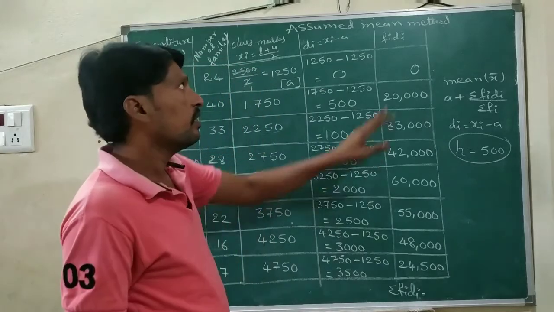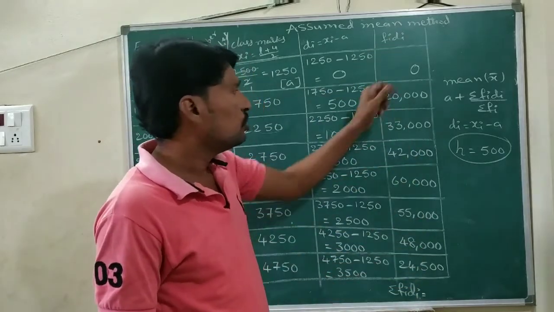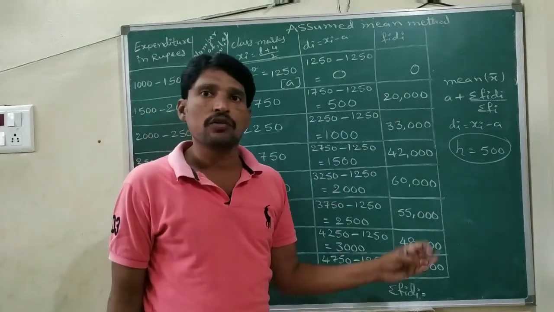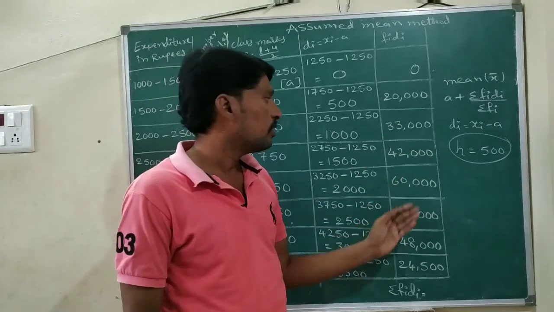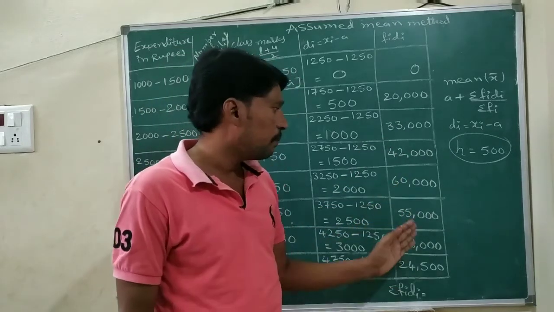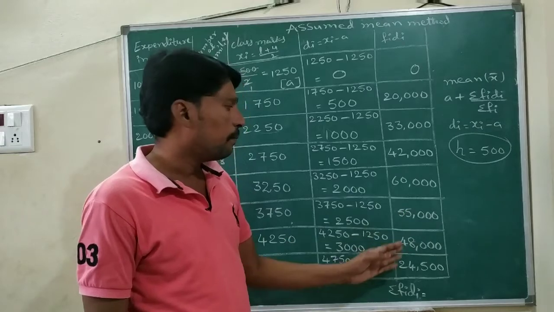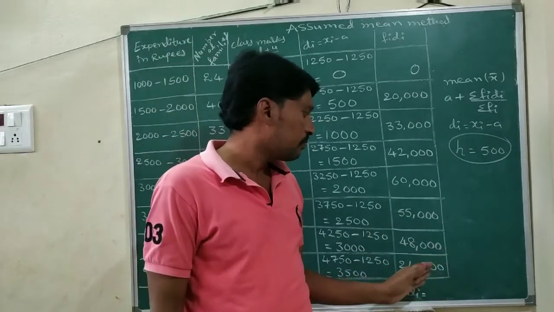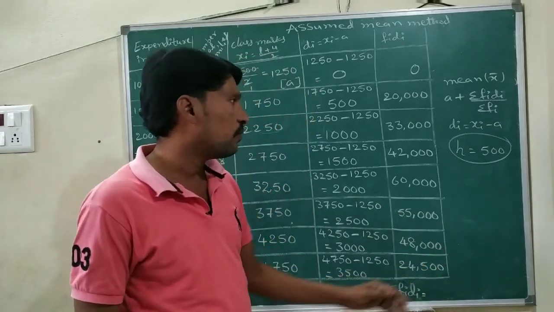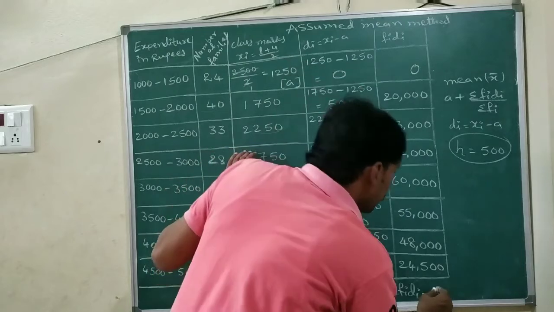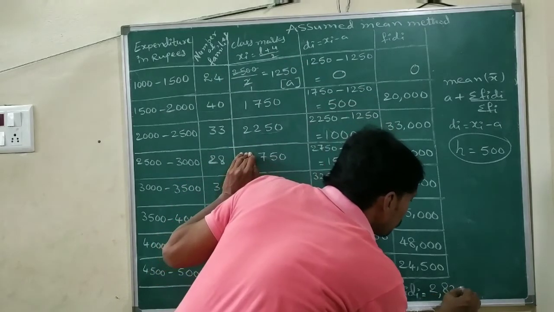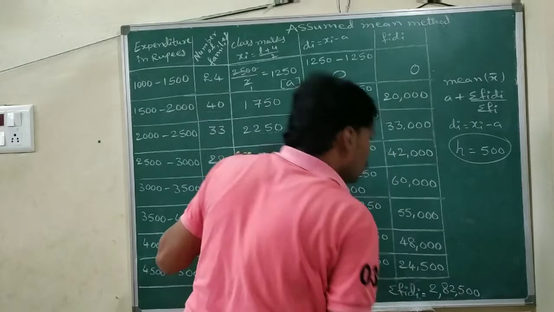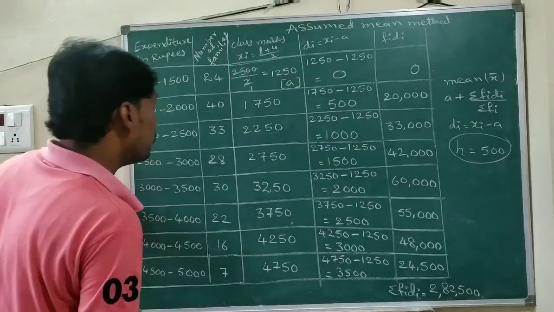Now we need to take sigma Fi Di, which means we need to add all of these: 0 plus 20,000 plus 33,000 plus 42,000 plus 60,000 plus 55,000 plus 48,000 plus 24,500. Adding the total, we get 2,82,500.